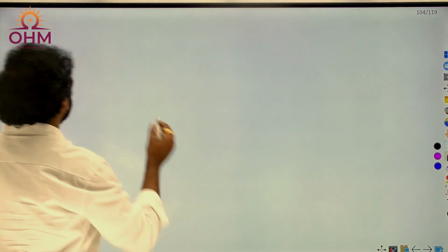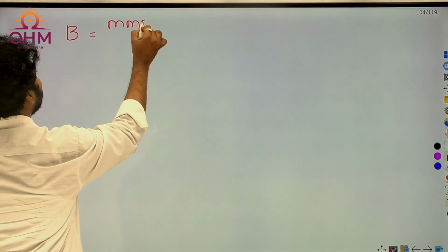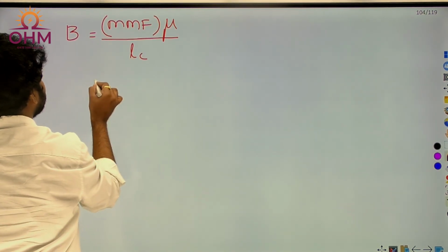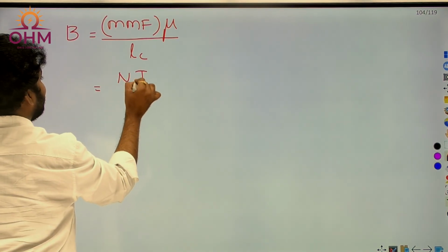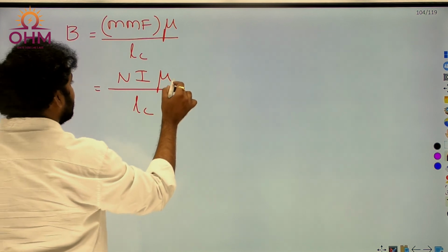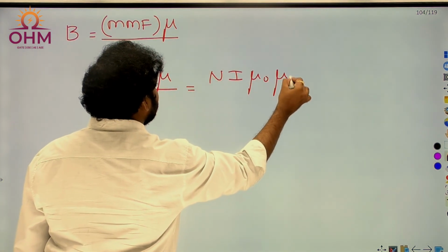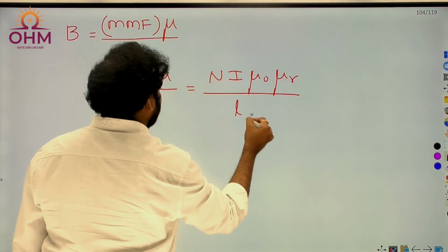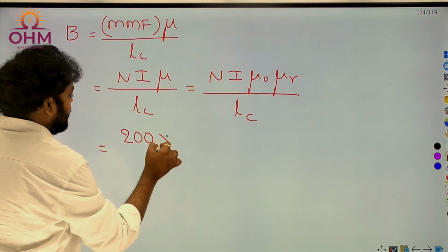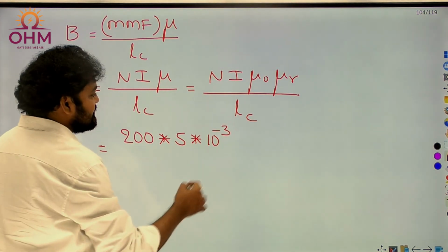Here the flux density is equal to mmf into mu divided by length of the core. mmf is number of turns into current, into mu, divided by length of the core. Mu can be written as mu naught into mu r. How many turns? 200 turns. Current is 5 milliampere, 5 milli means 10 power minus 3.